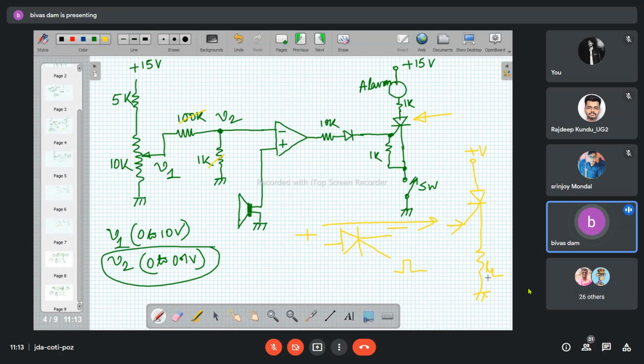And once the SCR is on, current will flow continuously through the RL. How can you stop this SCR? How can you switch off the SCR? By breaking the current path. To break the current path, you have to insert a switch here.